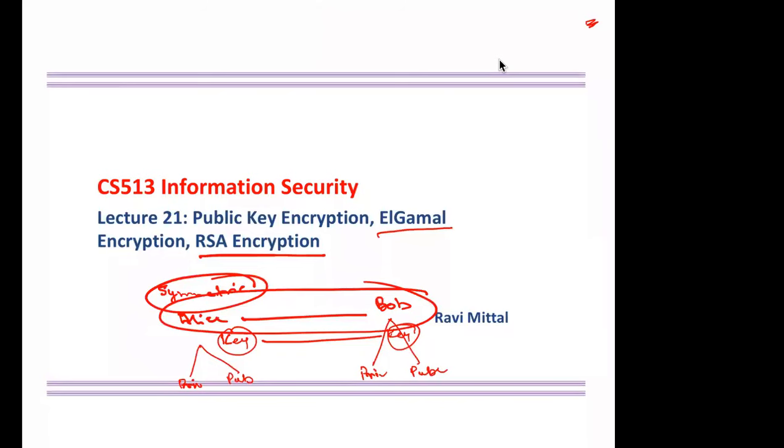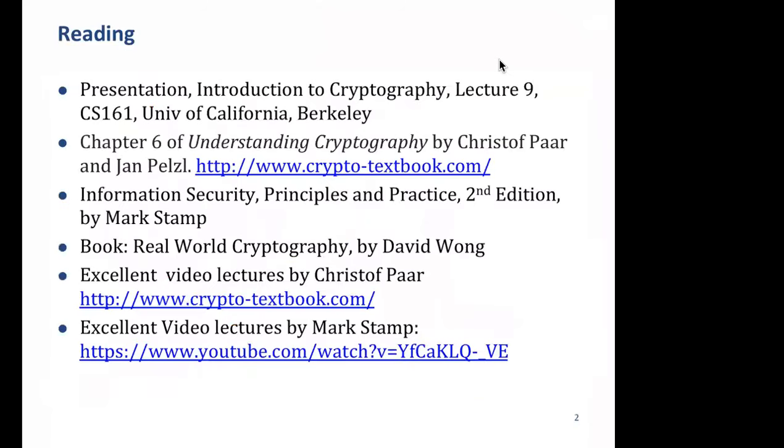All right. So I have taken this content from many sources, and the one which you can read is the Berkeley lecture on cryptography. They have also text, but it's very concise. If you want to get more details, because this is a very complex topic, the most complex topic of cyber security or information security, you can read this book as well.